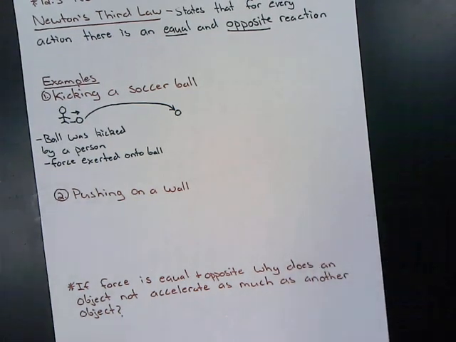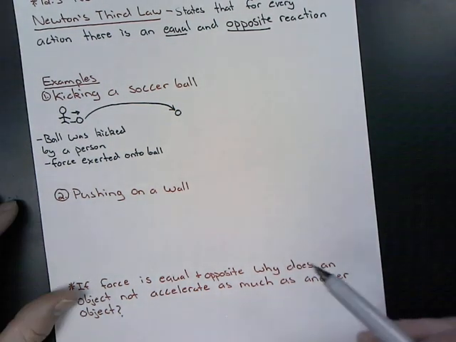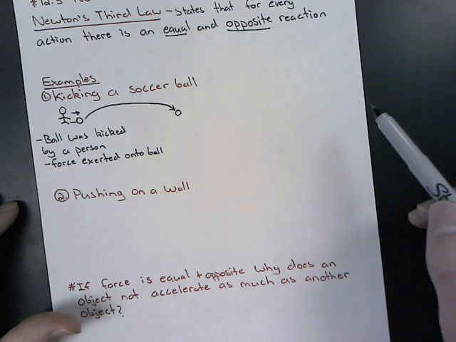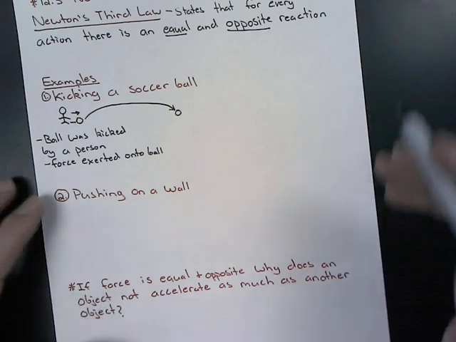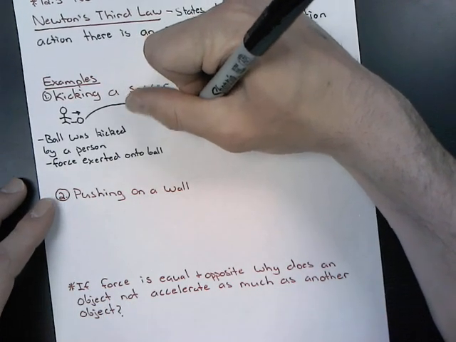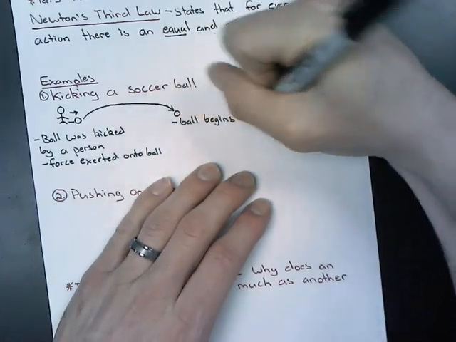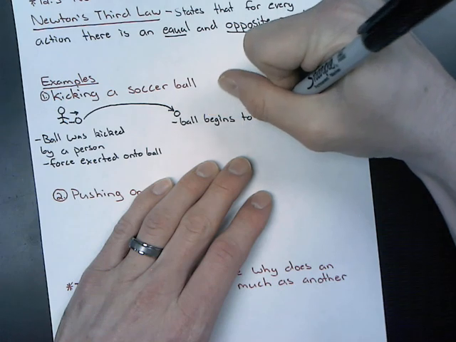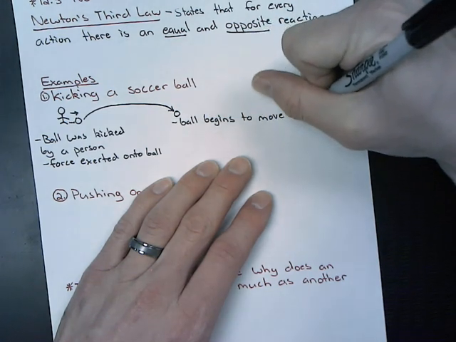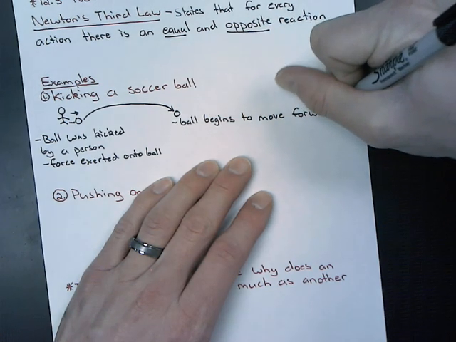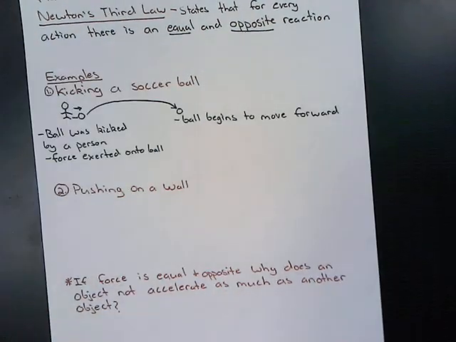Now, as that force is exerted onto the ball, it begins to move forward. But just because the ball moved forward does not mean there wasn't an equal and opposite force onto that person's foot.